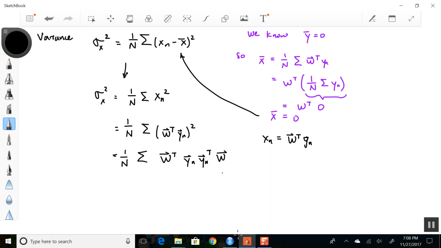Okay, and so I can actually move this out, w transpose, and I get 1 over n times the sum of each y y transpose, times w. Okay, so this is our sigma squared.